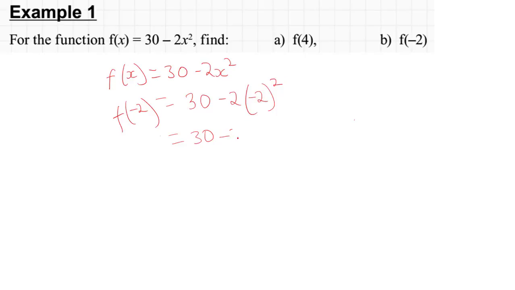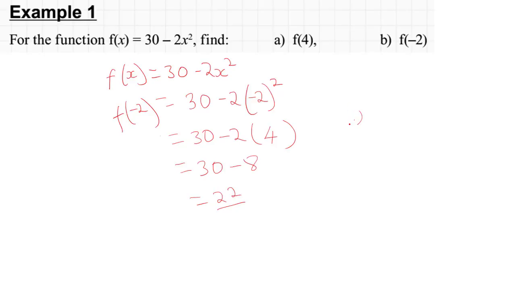So I'm going to have -2 there in a bracket. Now, -2 squared is -2 times -2, which is going to be +4. You times a negative by itself, you get a positive. So that's going to be 30, and we are taking away 2 times 4, which is 8. So the answer here is going to be 22.